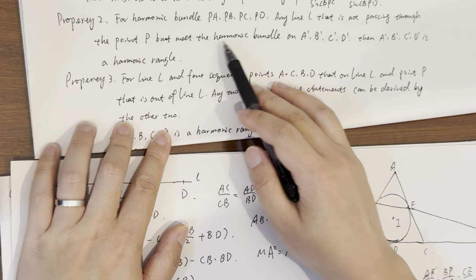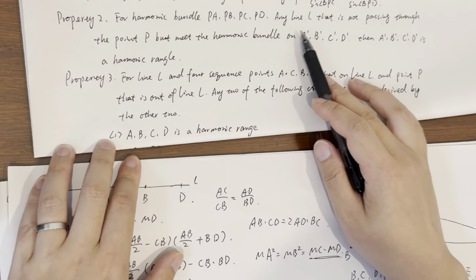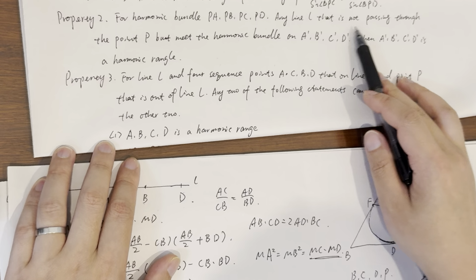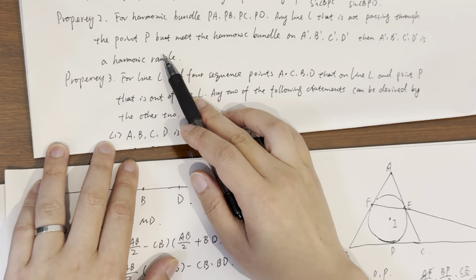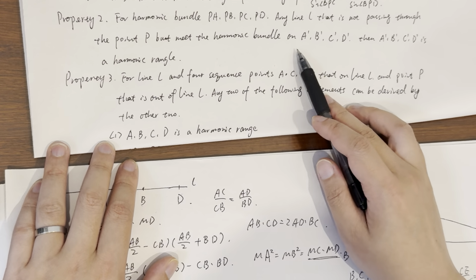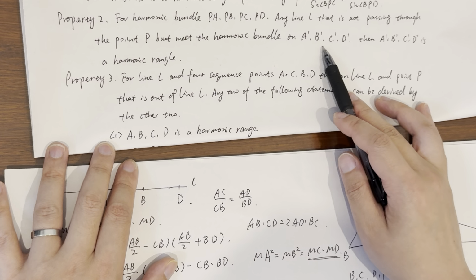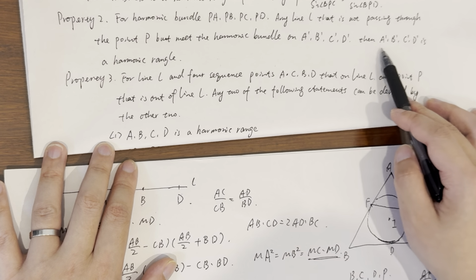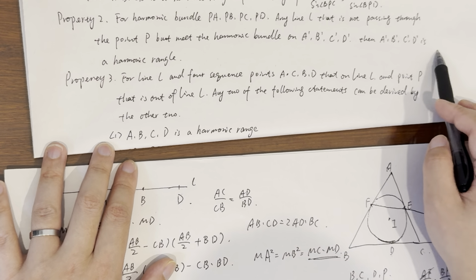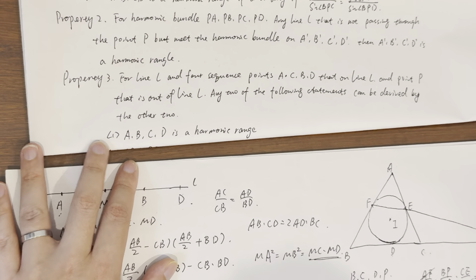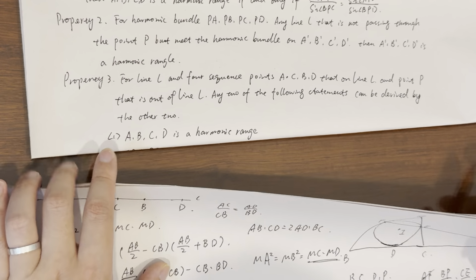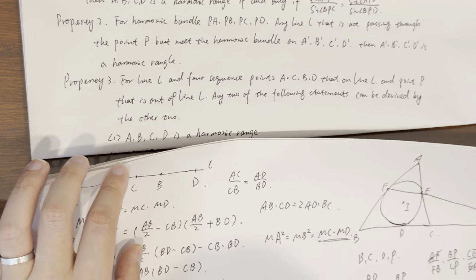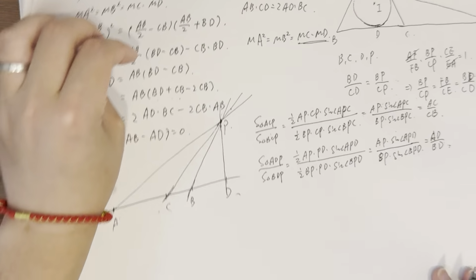Let's see property 2. For harmonic bundle PA, PB, PC, PD, any line L that is not passing through the point P but meets the harmonic bundle at A prime, B prime, C prime, D prime, then A prime, B prime, C prime, D prime is a harmonic range. This is obvious, right?